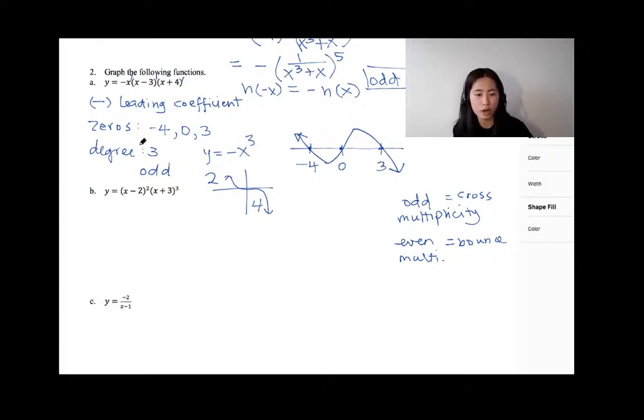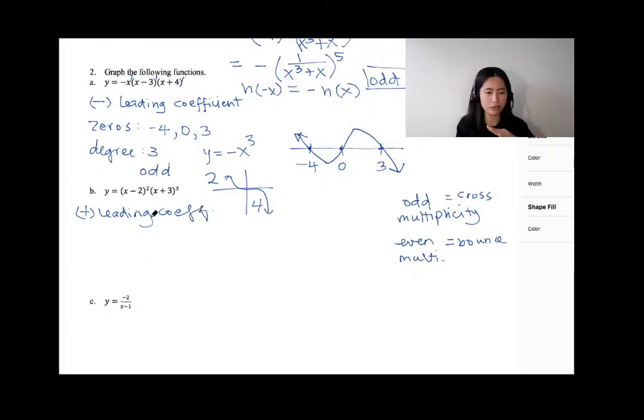But, okay, moving on to part B, right? If let's say your exponent or multiplicity in this case is odd, but it's greater than 1, you have what you call an inflection point. So instead of just crossing, say for example, let's plot this together. So we now have a positive leading coefficient.